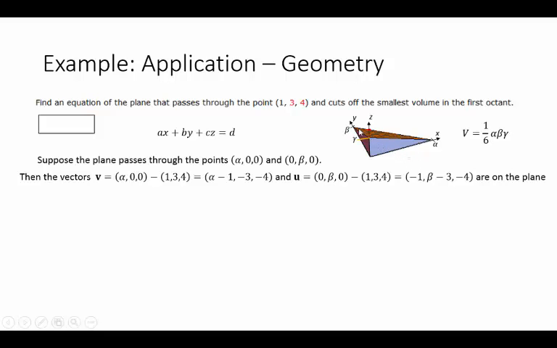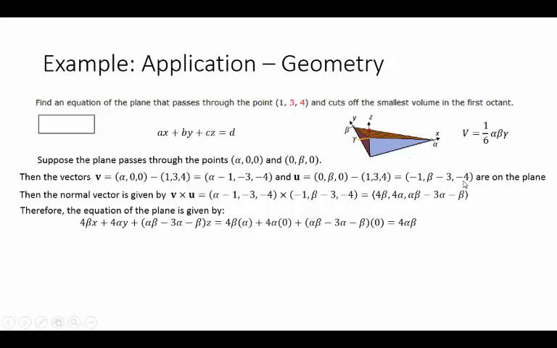And we know that when we have two vectors on the plane, if we cross them, we will get the vector perpendicular to that plane. So we have alpha minus 1, negative 3, negative 4, and negative 1, beta minus 3, negative 4 as our two vectors. If we cross those two vectors, we will get the perpendicular.